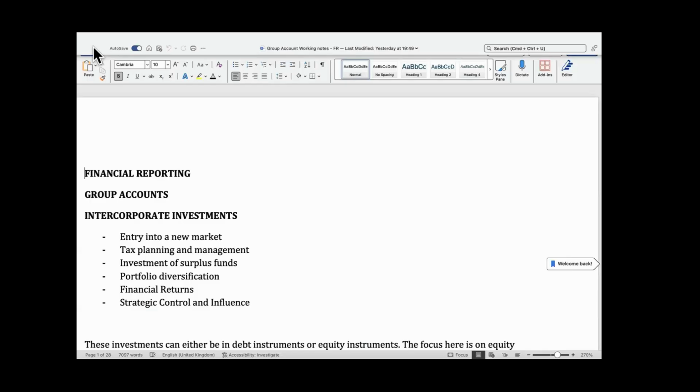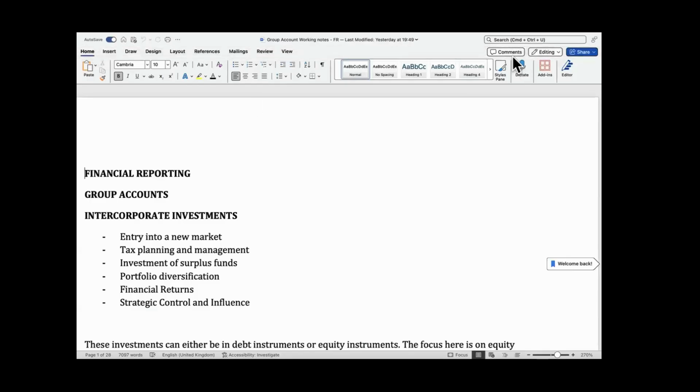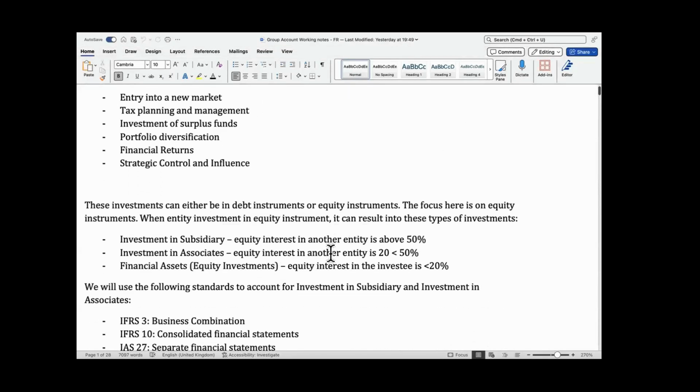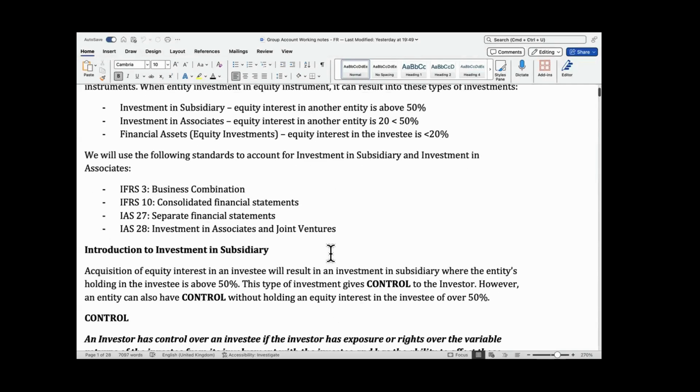Tonight, we're going to continue from group account, from where we stopped. We have already established the background to group account.